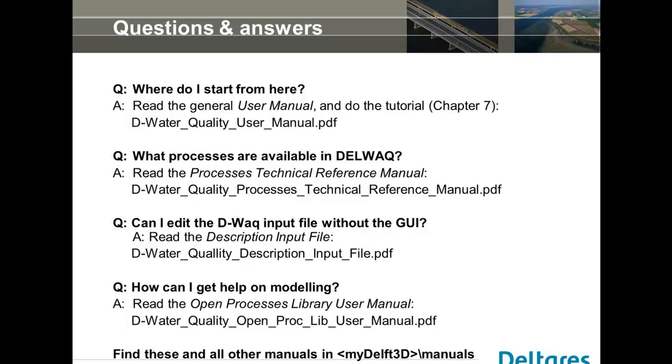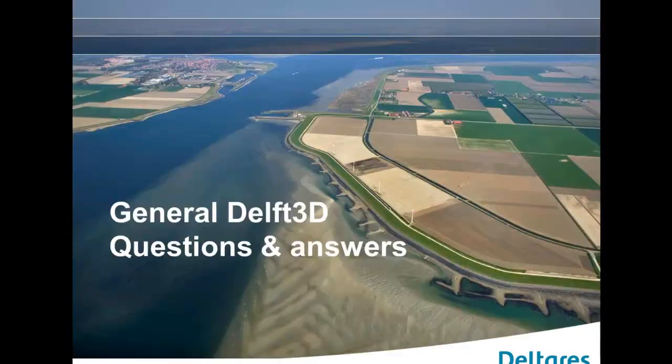So besides the very full library of processes you already have, it's also possible to define processes yourself and add them to the DELWAQ system and run your own processes. All these manuals can be found in your installation in the manuals directory.